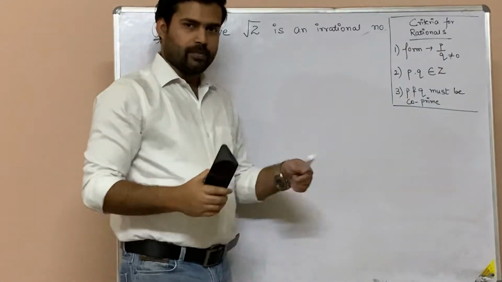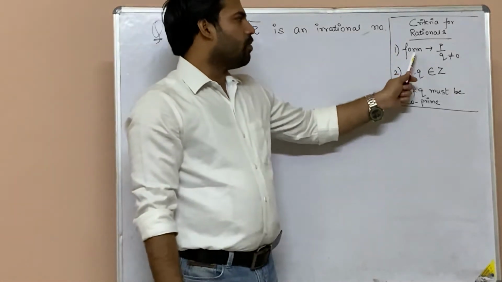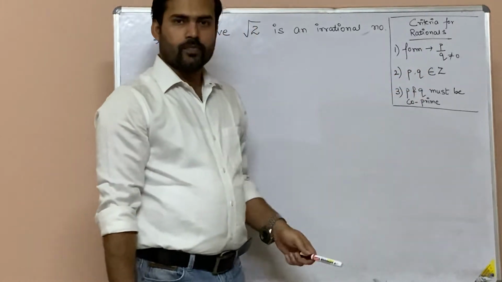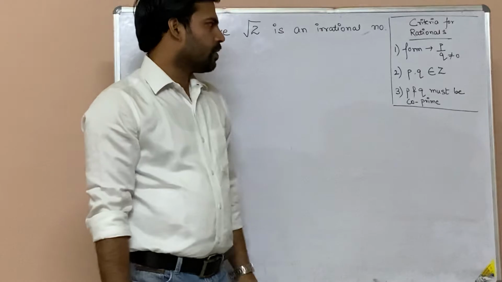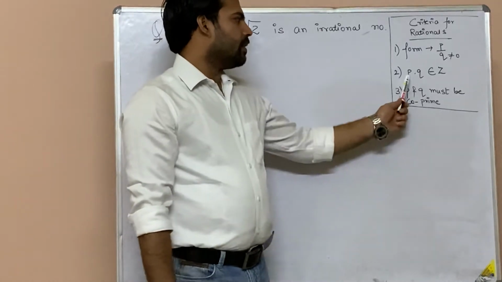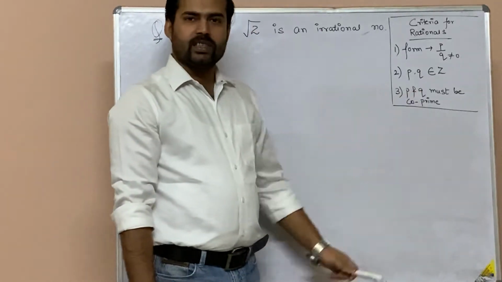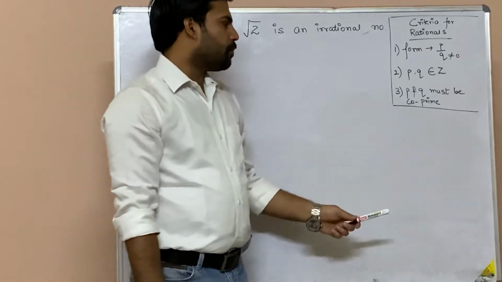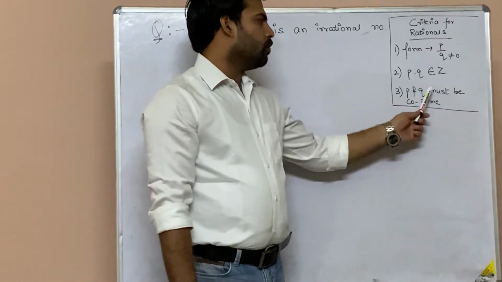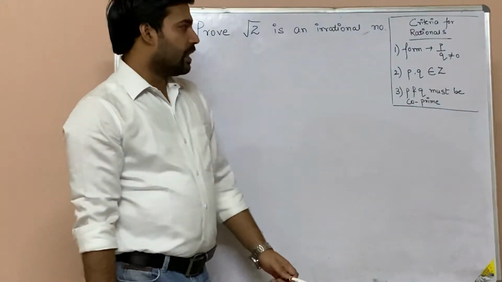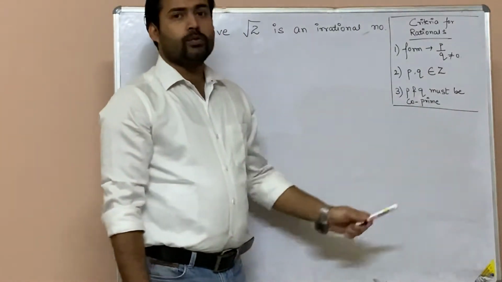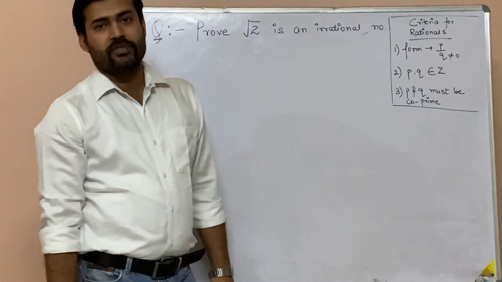Once again, I am just dictating them. That the form must be P upon Q, that is, the denominator must not be equal to 0. Second property, that P and Q both must be integers. Third property, P and Q must be co-prime. Co-prime means what? That P and Q do not have any common factor.